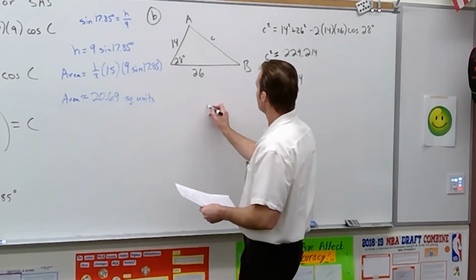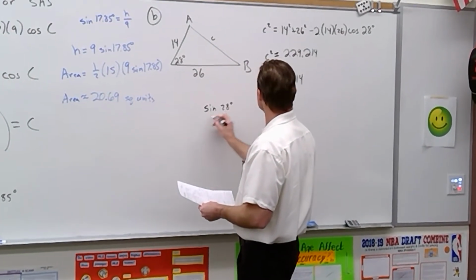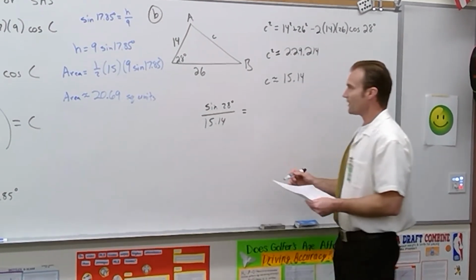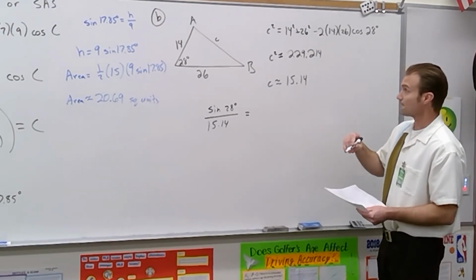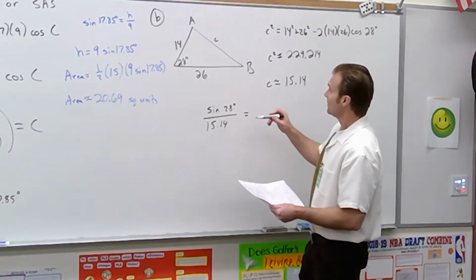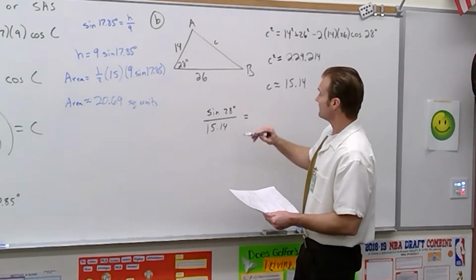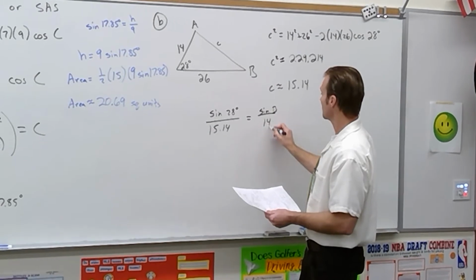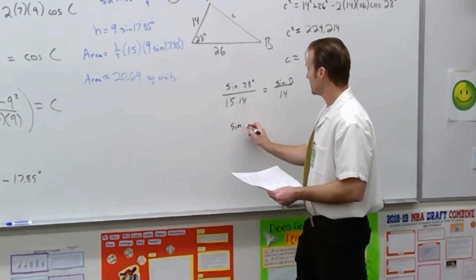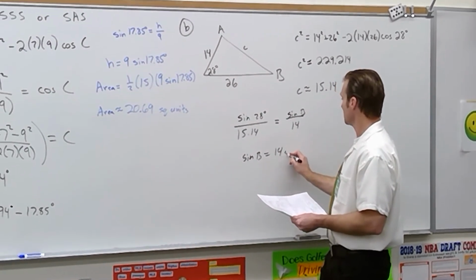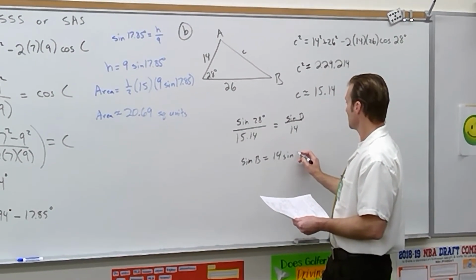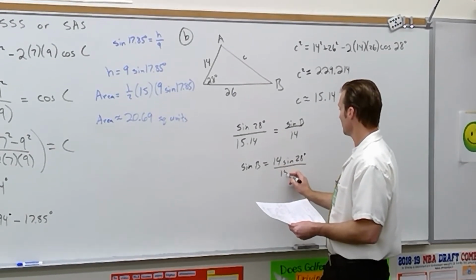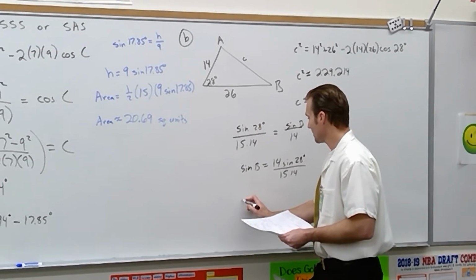So I can say sine of 28 degrees over 15.14 will equal. Now when I find that other angle, I'm going to go ahead and find angle B next. So sine of B over 14. Sine B is 14 times sine of 28 degrees over 15.14. Inverse sine.